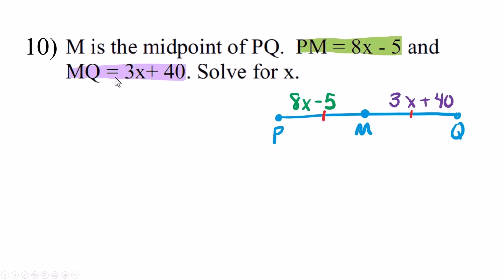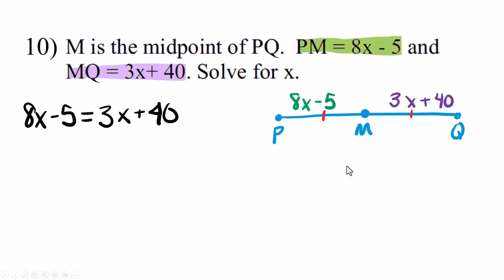MQ is 3x plus 40, and I'm going to put that right here. And that's all you know. They're not giving you the length of the whole thing. They're not giving you any other information at all. But because it's a midpoint, it's kind of magical. It means that these two are split in half, and so these two pieces are actually equal to each other. That's the geometry. Your algebra equation is going to be 8x minus 5 equals 3x plus 40.